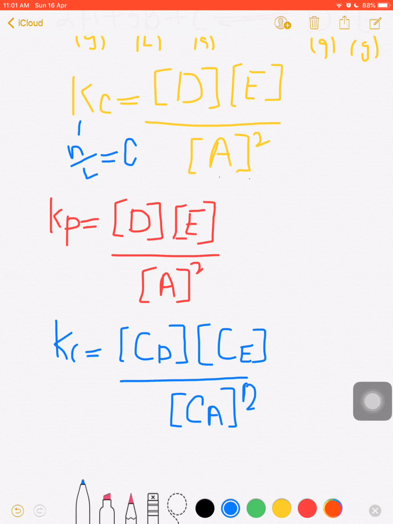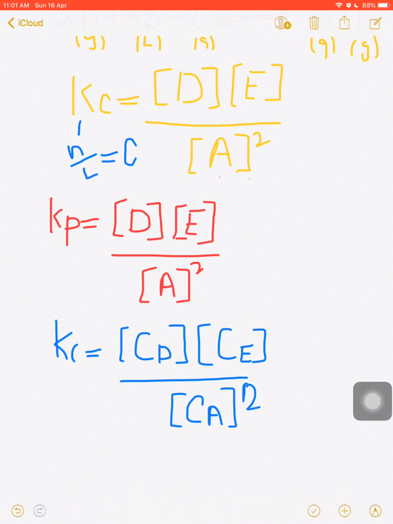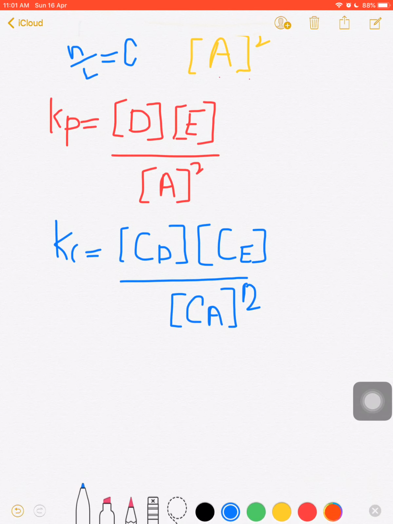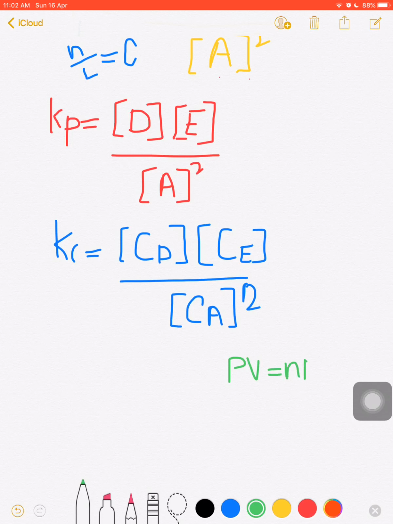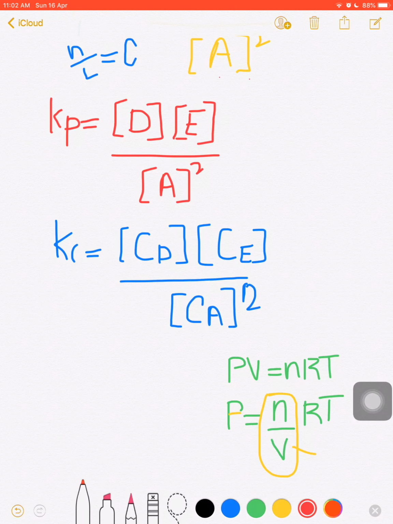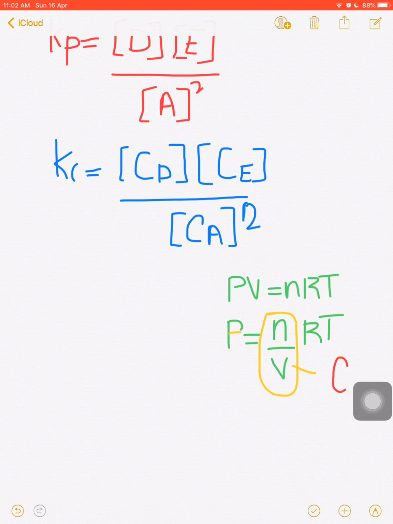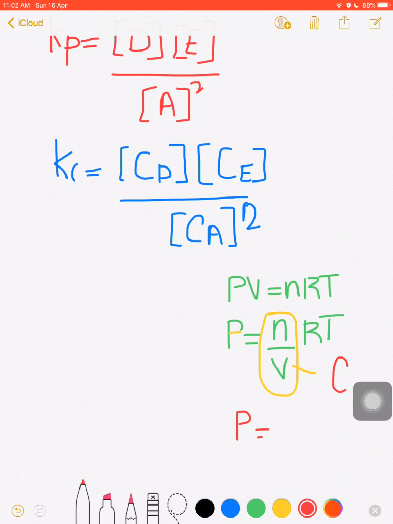And we know that according to the ideal gas equation, PV is equal to nRT, and here we can say P is equal to n upon V RT. So we know that this n upon V is basically equal to C, so it can be P is equal to CRT, and we can put this equation in this as well.